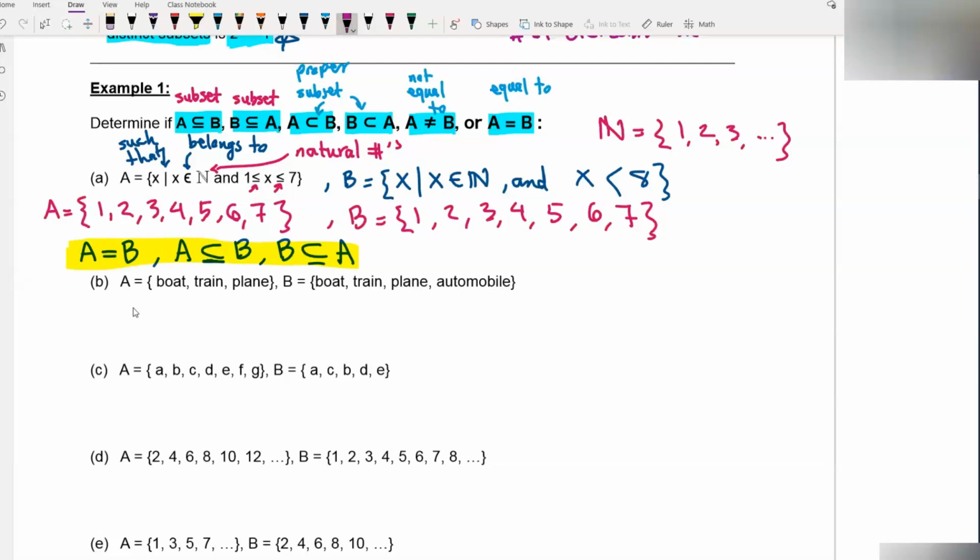Now part B. Do we have all members that I have in set A also in set B?